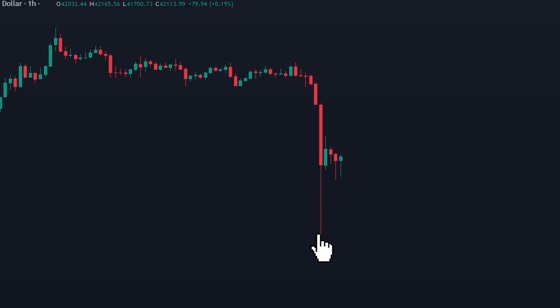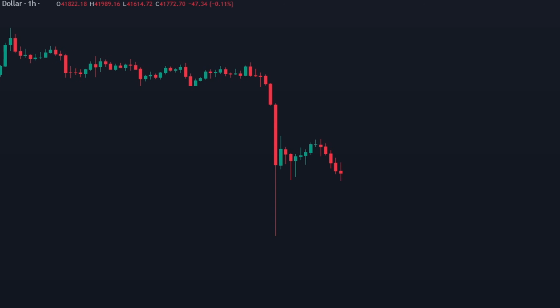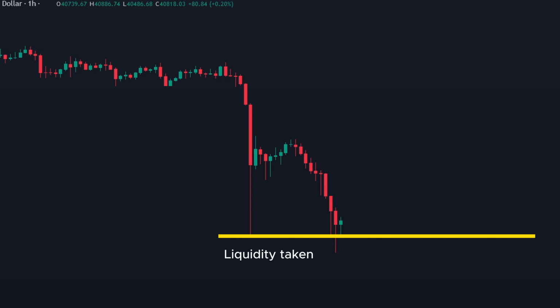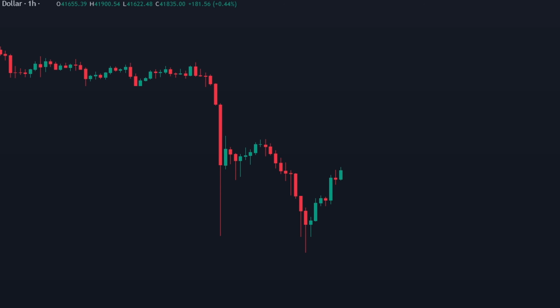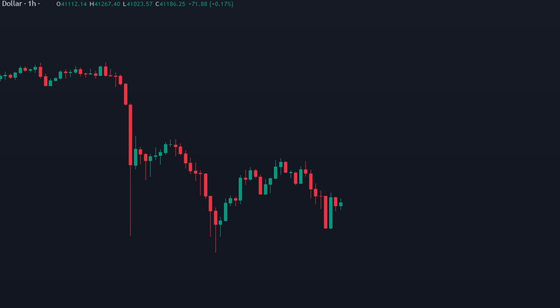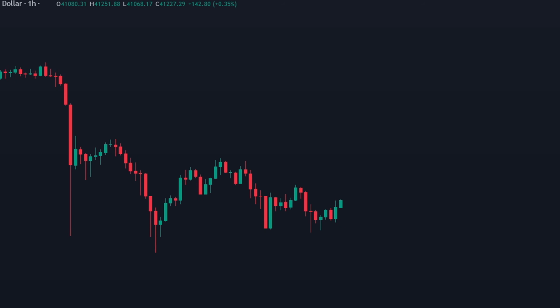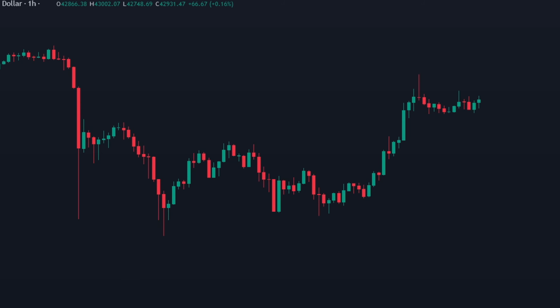We wait for smart money to take out the liquidity. And now we can buy here. And we look to take profit on this structural high.